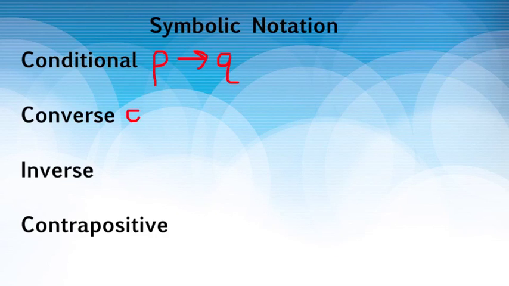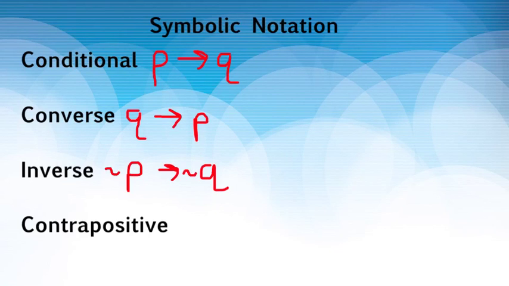So it makes sense that if I write the hypothesis first, then the conclusion, that's our symbolic notation. Okay. Inverse, again, we kept the order the same, so it was conclusion last, hypothesis first. But we're also going to throw in something else. This little symbol here means not. So it's a little squiggly in front, not the hypothesis, then not the conclusion.